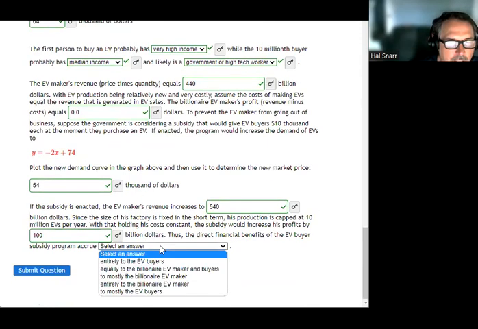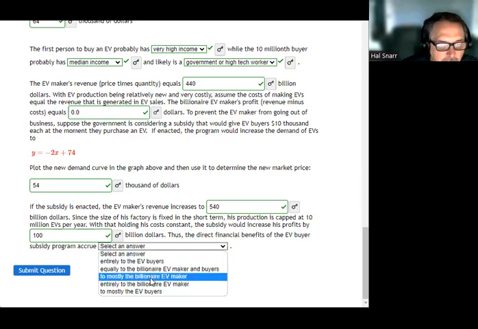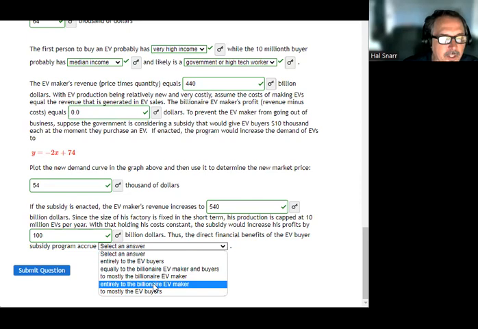So in this situation, the direct financial benefits of the EV buyer subsidy program accrue entirely, not to the EV buyers, entirely to the billionaire EV maker.